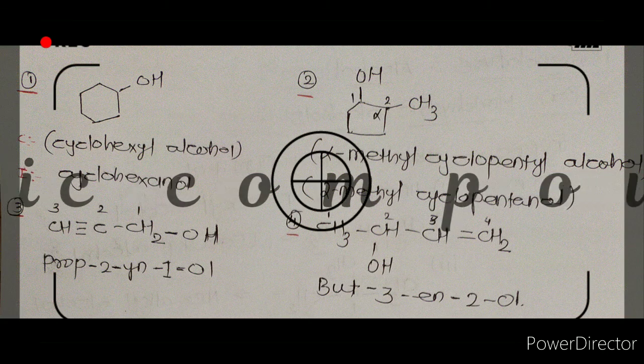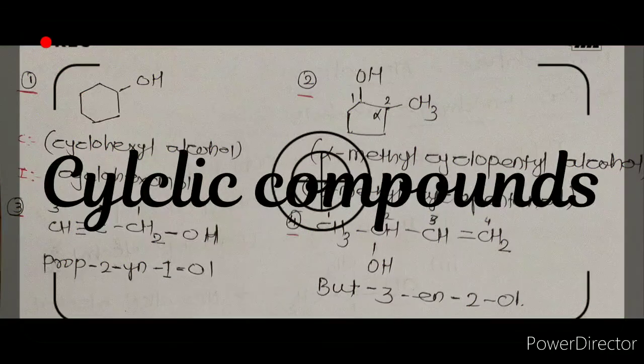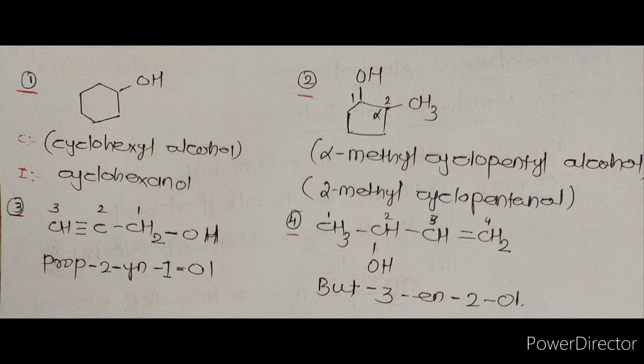Now we are talking about a few cyclic compounds. First one, cyclohexane which contains OH, so its common name is cyclohexyl alcohol, and its IUPAC name is cyclohexanol. Second one, OH present on a cyclopentane, and also CH3 is on the second carbon.